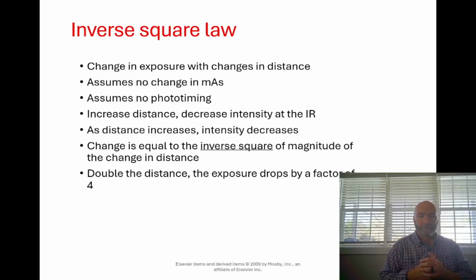We'll run through the examples again here in a minute, but it assumes you're not changing your mAs, you're not phototiming. If you increase distance, you decrease intensity at whatever absorber you're talking about. It could be at the image receptor, it could be the scatter radiation that you're collecting inside of your body or inside of your apron whenever you're doing a fluoroscopy exam. So as distance increases, intensity decreases.